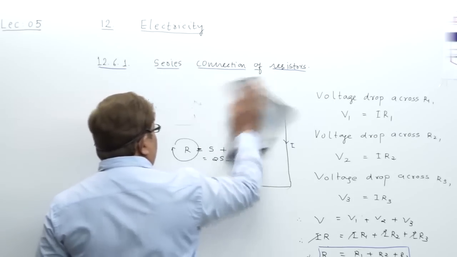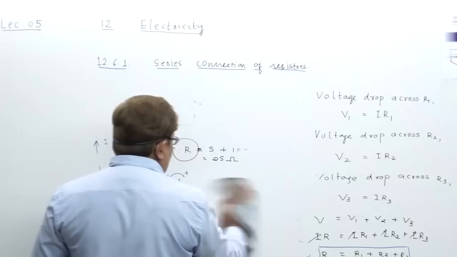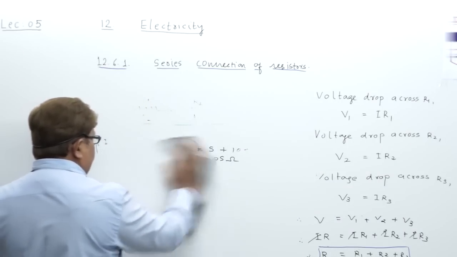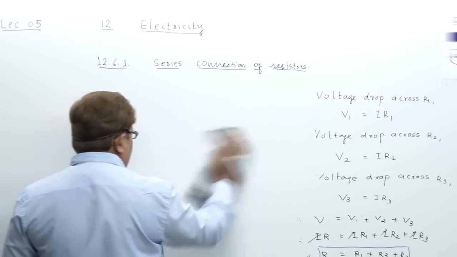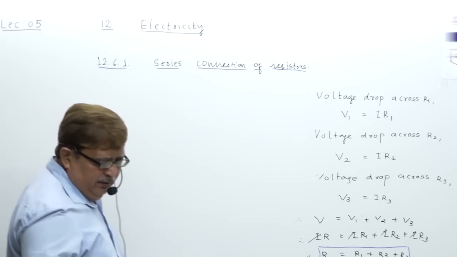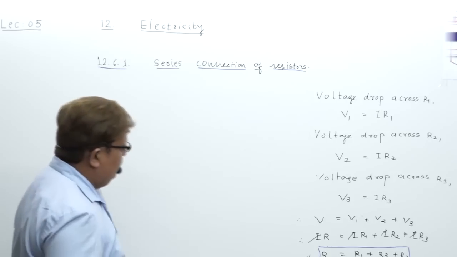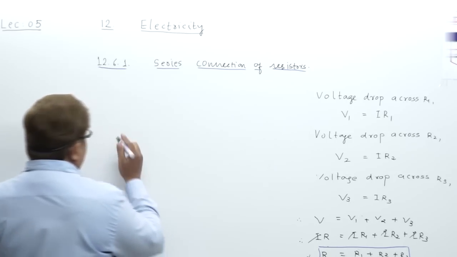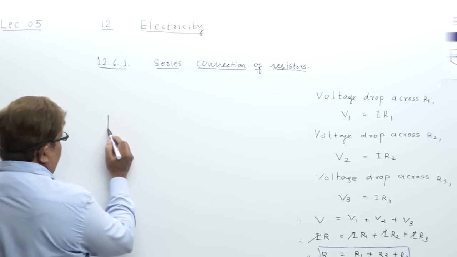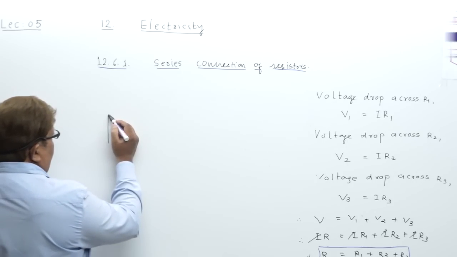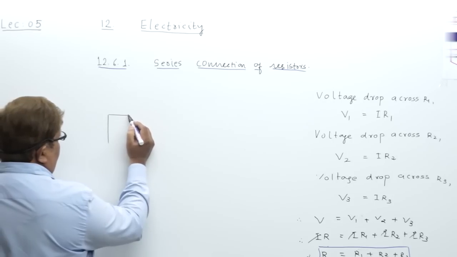Suppose in exam you are asked this way. I am not dictating the question. Let us just draw one diagram. Suppose, my dear student, try to understand, you are given such a diagram.